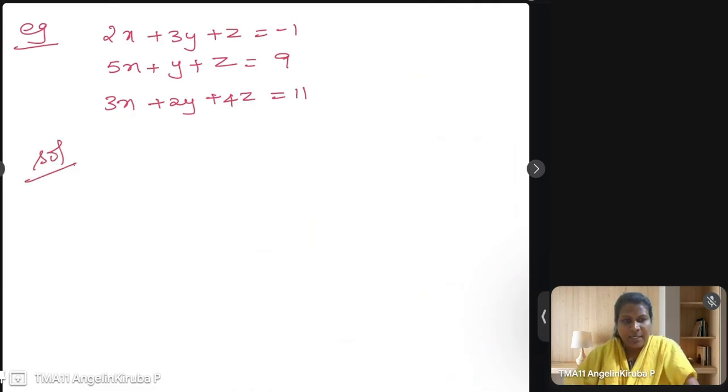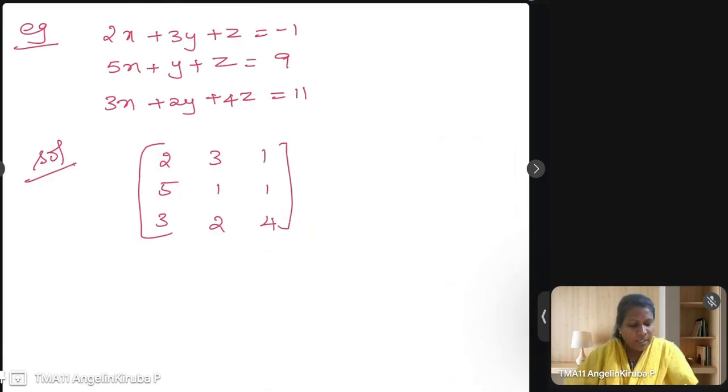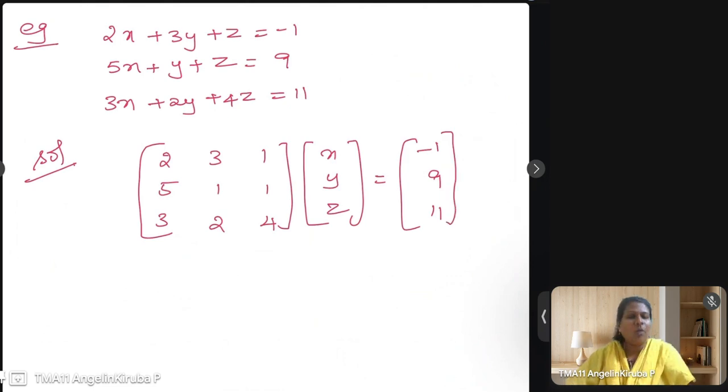So this can be written as 2, 3, 1, 5, 1, 1, 3, 2 and 4, times the 3 unknowns x, y, z, is equal to minus 1, 9 and 11. Right? So now I am going to frame the augmented matrix.